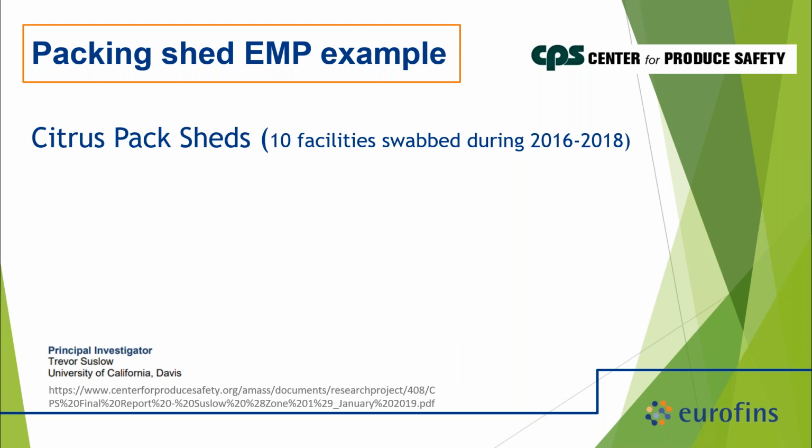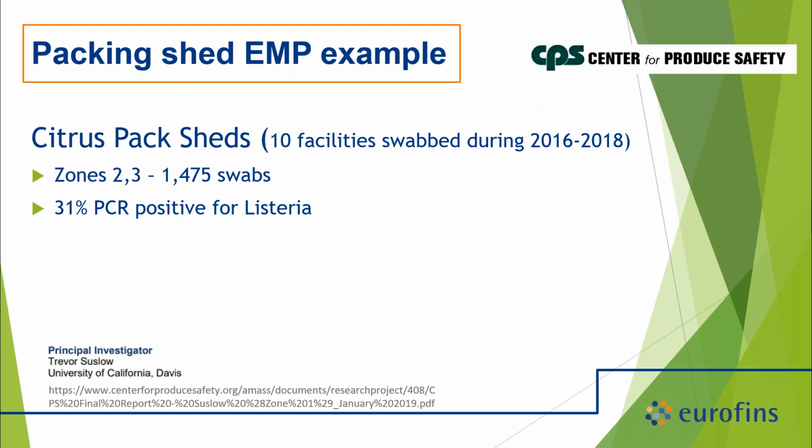He looked at 10 different facilities, and he looked at zones 2 and 3, so adjacent to food product contact, and then in your production area, and almost 1,500 swabs. So it's pretty sufficient, a lot of different facilities over 2 different years.